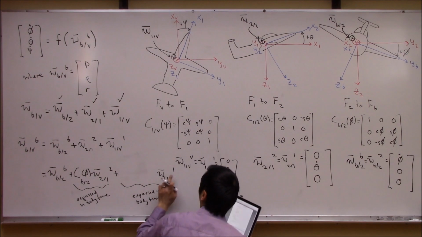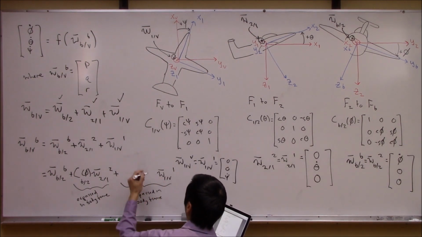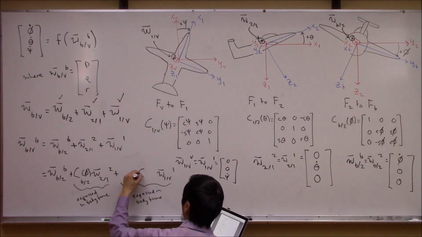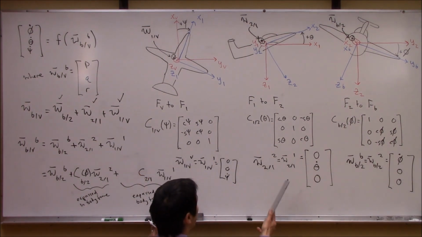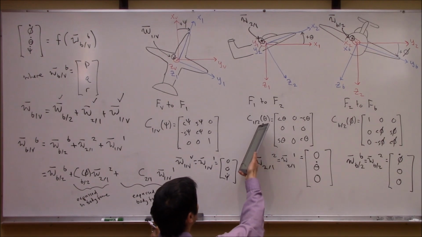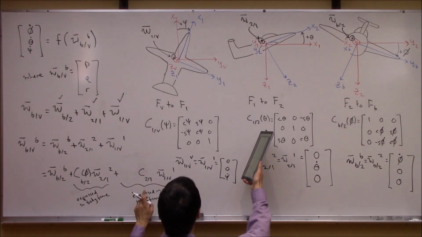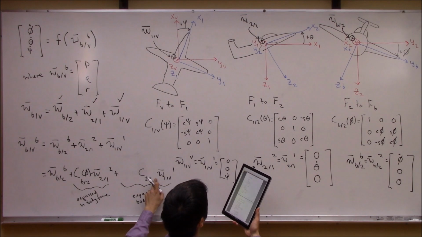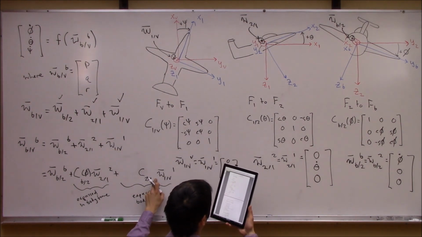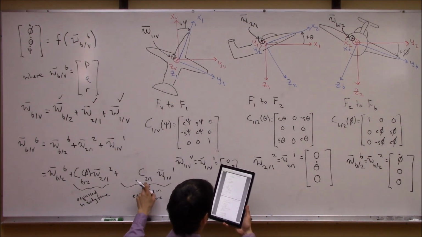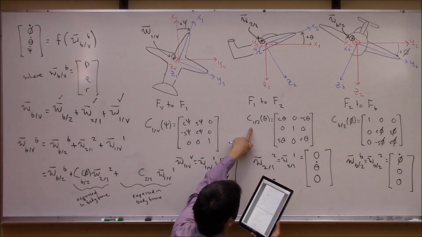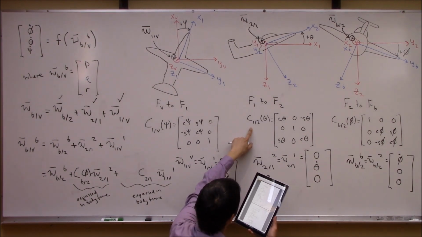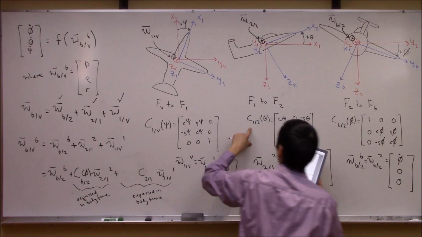Okay, so I've got this thing expressed in the 1 frame, so what I first need to do is rotate from the 1 to the 2 frame. That is right here. Here I've got a rotation matrix to go from the, sorry, wait a second, did I rewrite this wrong? Yeah, sorry, this is a slight typo here.